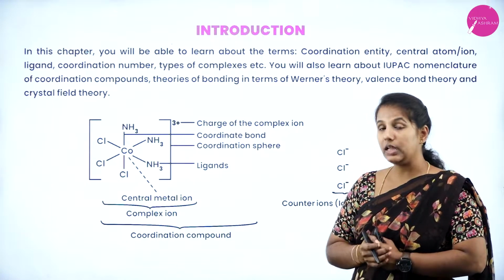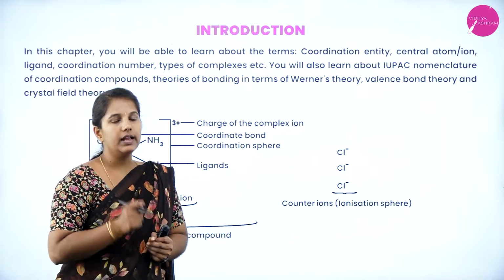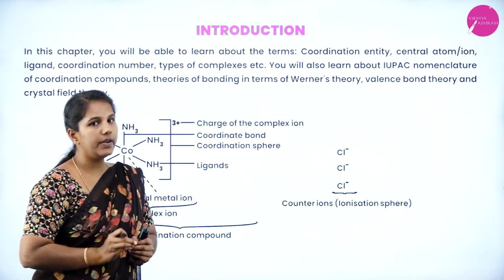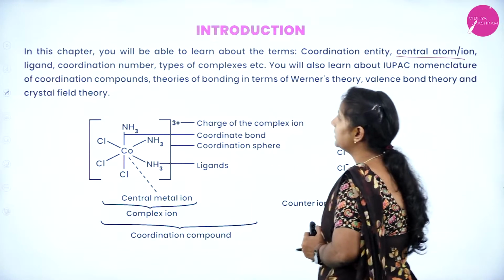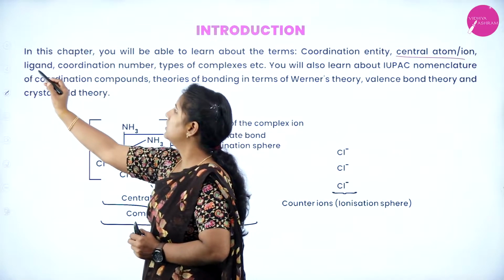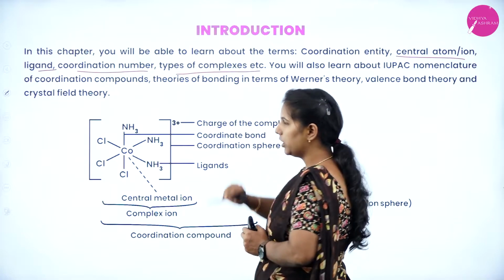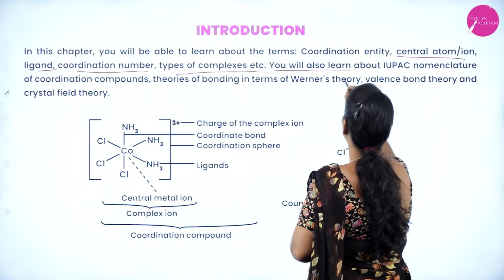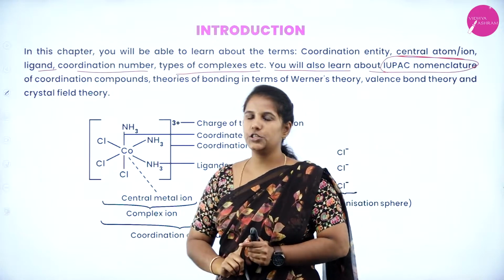As I said, each unit will have their own weightage, and in the coordination compound, you have to learn some of the basic terminology such as central metal atom, ligands, what does mean by coordination number, the types of coordination complexes, and you also learn about IUPAC nomenclature of coordination compound.